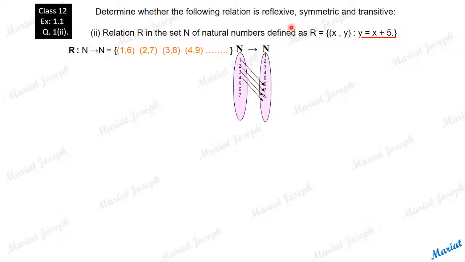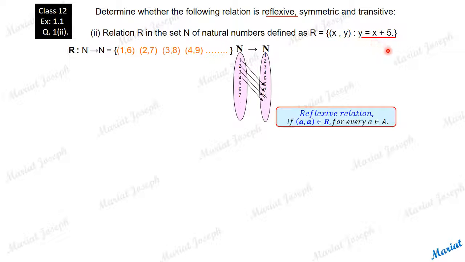Now we are asked to check whether it is reflexive. A relation in set A is called a reflexive relation if ordered pairs of the form (a, a) are found in the relation for every element of the set A, which means there should have been ordered pairs (1, 1), (2, 2), (3, 3), etc., where both coordinates are the same.